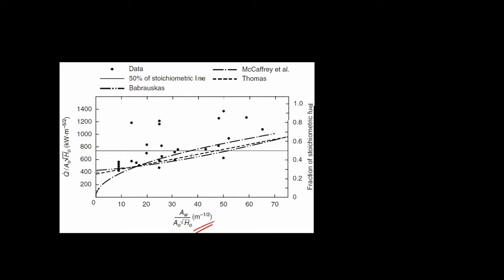The data here that was used to derive the various models, Philip Thomas being one of those, is shown in this graph and the legend. It depends on data that's really not very good. And you're going to see that across the board with fire protection engineering. The models have oftentimes fairly poor accuracy, and that's why it's so important to have a safety factor.